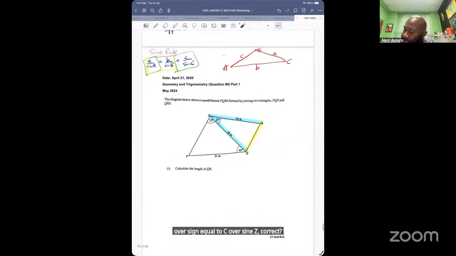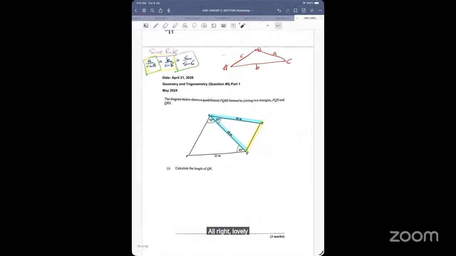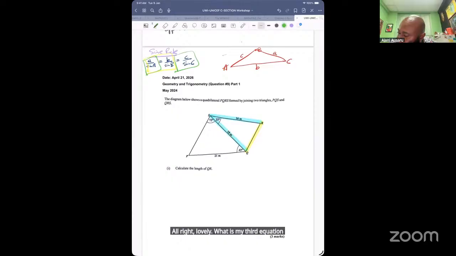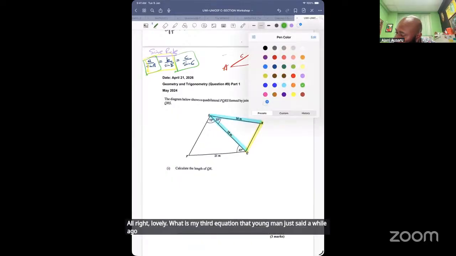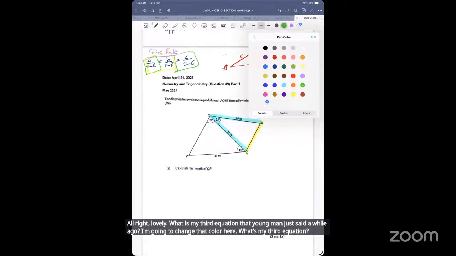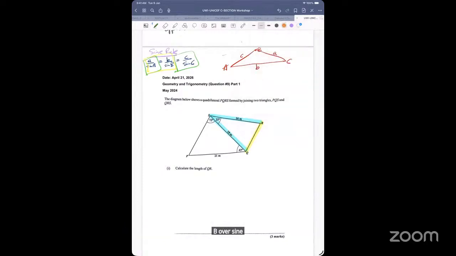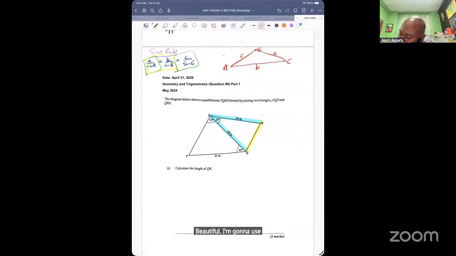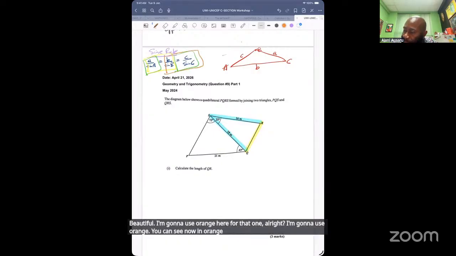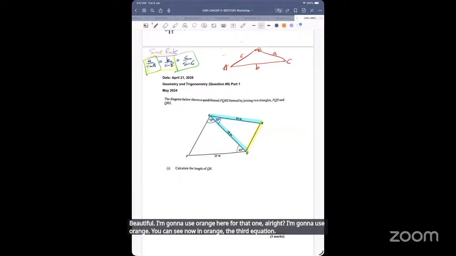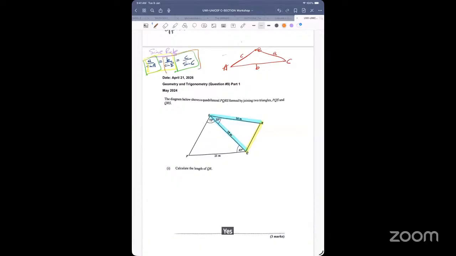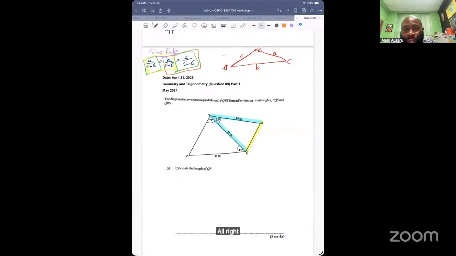What is my third equation that the young man just said a while ago? B over sine B equals C over sine C. Beautiful. I'm going to use orange for that one. You can see it now in orange, the third equation. All 3 equations are proportions, right or wrong?